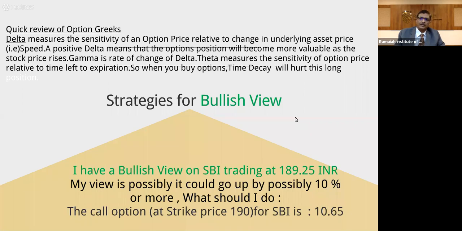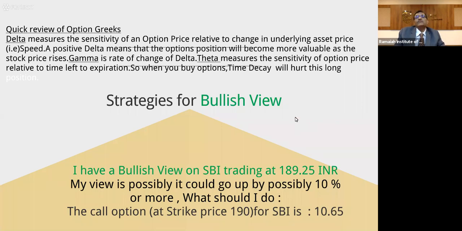Let's say again, go back to the State Bank of India example, and I have a bullish view on State Bank of India. I think on Friday this closed at 189.25 rupees, and my view is possibly that it could go up by 10% or more, but that was my personal view today, and possibly yours could be 15, anything.